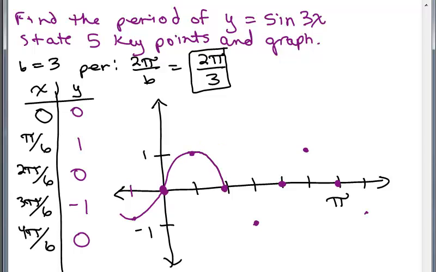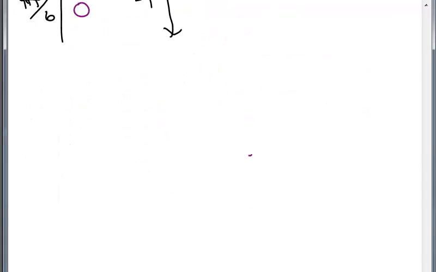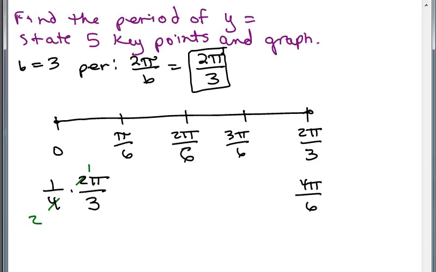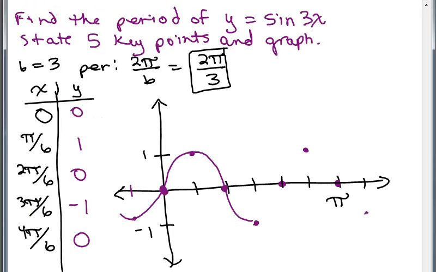Sketch it very carefully so it's nice and curvy. And there we have the graph of y equals sine of 3x. And what's important is that your markings are carefully drawn on the x-axis. Okay? So if you want, you could say that this is pi over 6. There's room to put the pi over 6 there, right?